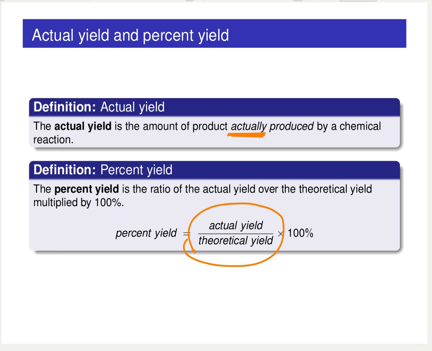There could be other side reactions occurring that are decreasing the amount of your desired product being formed. So there's a lot of different things that can go on here. Suffice it to say, you will always have an actual yield that is less than your theoretical. As a result, you will get a percent yield that will be something less than 100.